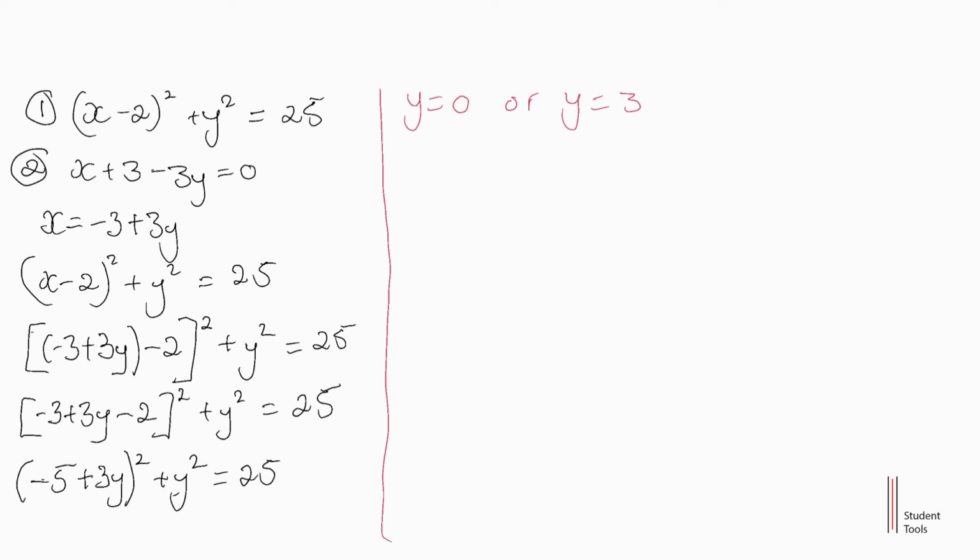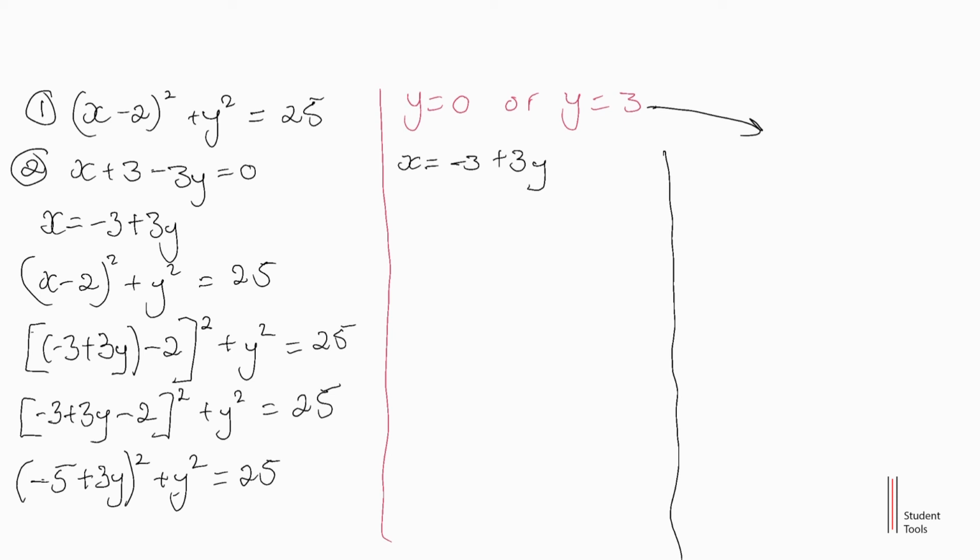So how do we get the values of x? We will use equation 2, which we manipulated as x = −3 + 3y. First we will find the value of x when y is equal to 0, and next we will find the value of x when y is equal to 3.